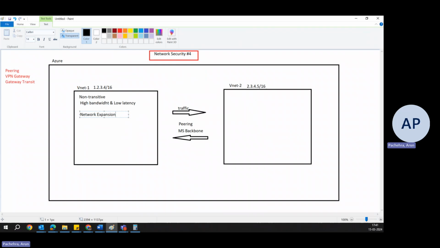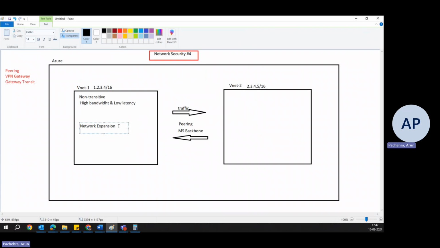So peering allows for the seamless connection of VNets across different regions, facilitating global expansion without the complexity of managing multiple different networks, right? So network expansion could be one of the reasons.